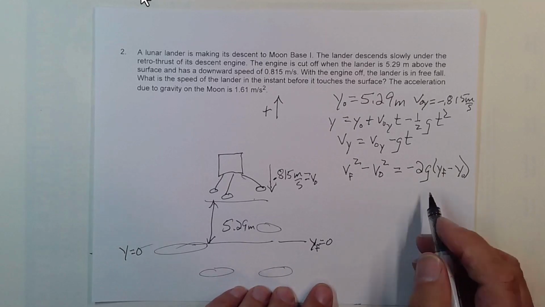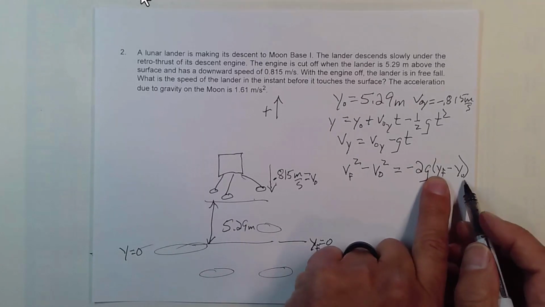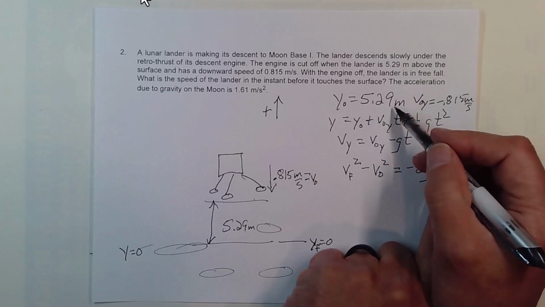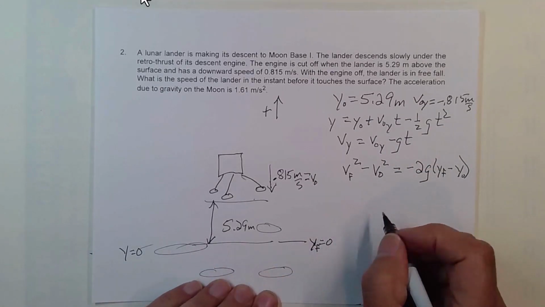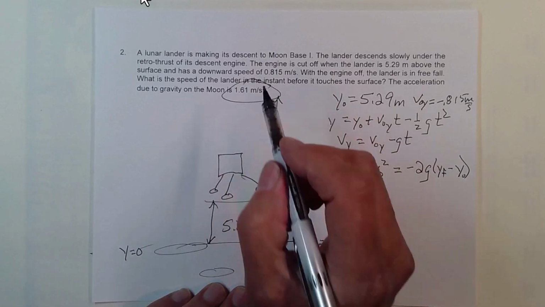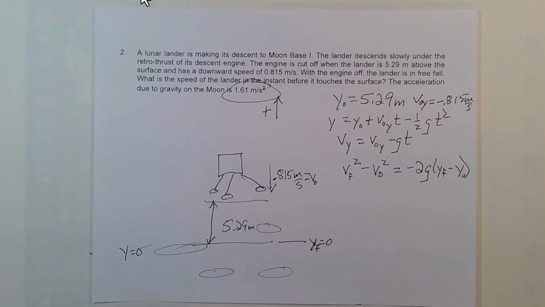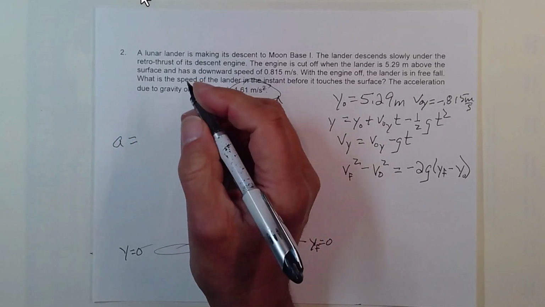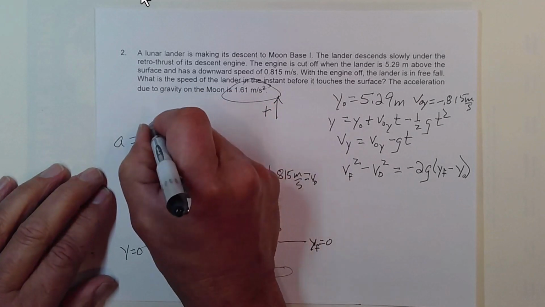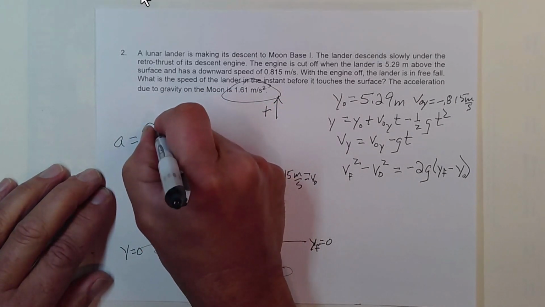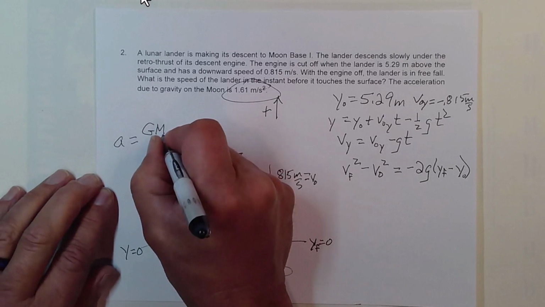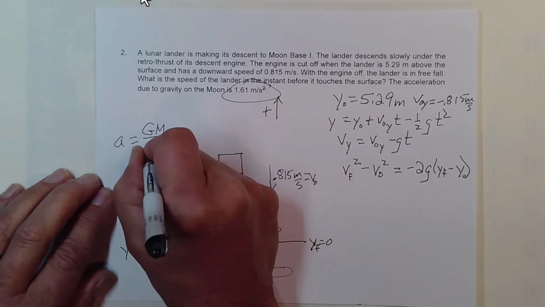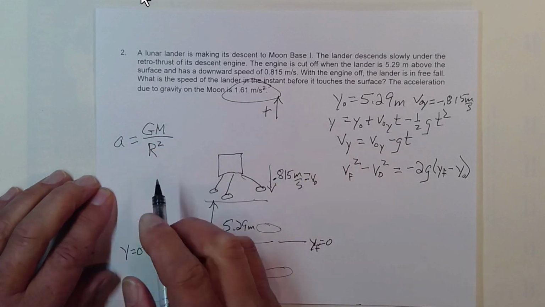So here's what we have. Y final is 0. Y naught is 5.29 meters. And the acceleration due to gravity on the moon is 1.61 meters per second squared. Next quarter we'll study gravitation, and we'll find out that the acceleration due to gravity on some object, like a spherical object, is equal to capital G times the mass of the thing you're on, like the mass of the Earth or the mass of the moon, divided by the radius of that object squared.